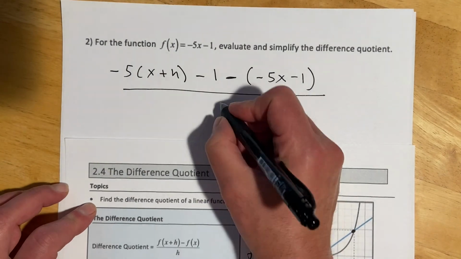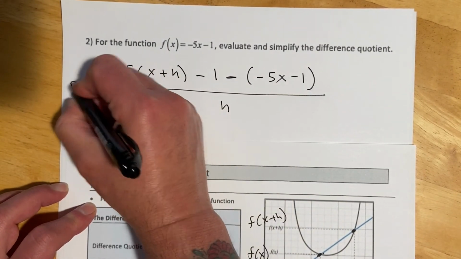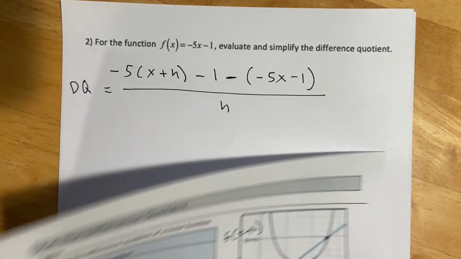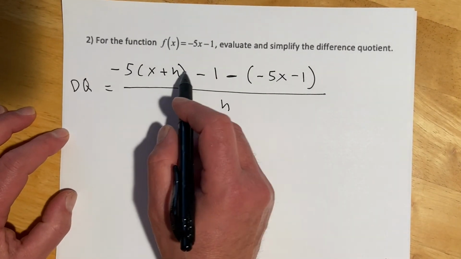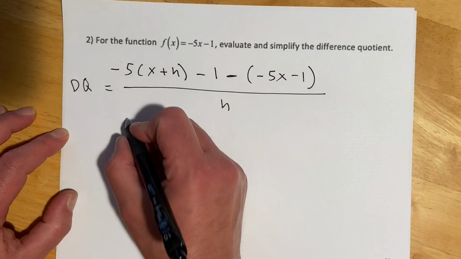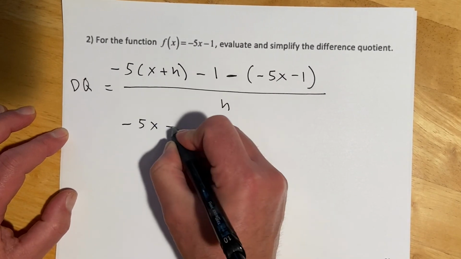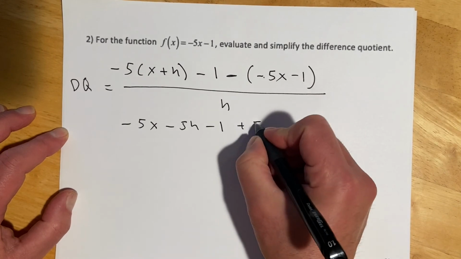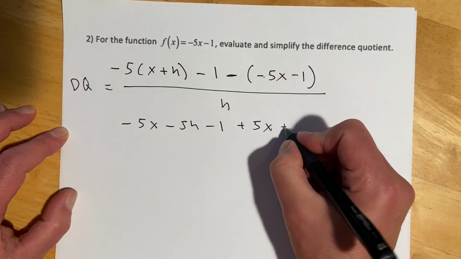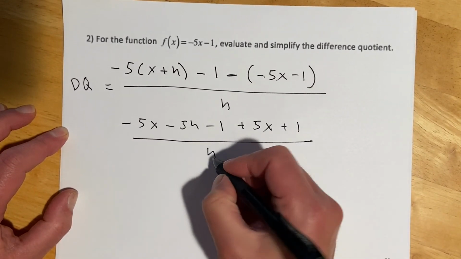And that's all over h. I'll just abbreviate this difference quotient. Next we'll distribute some stuff. Negative 5x, negative 5h, minus 1. Minus and minus, that's going to be a plus 5x. Minus and minus again, it's going to be a plus 1, all over h.